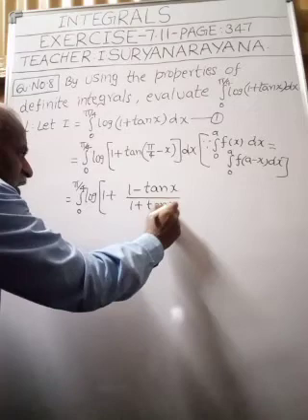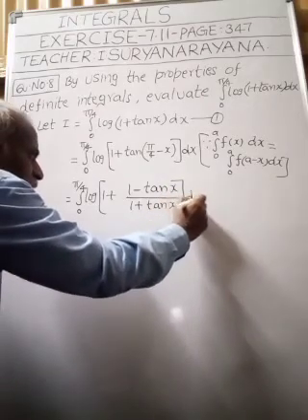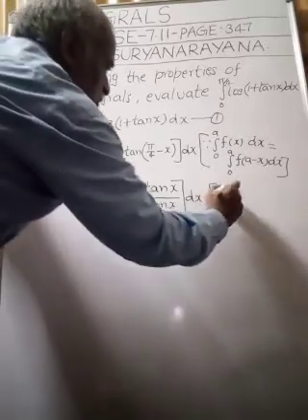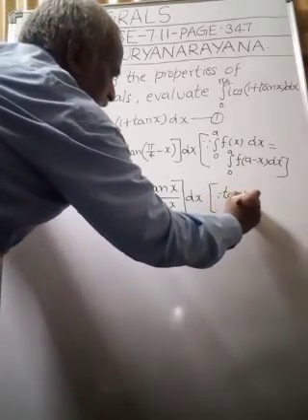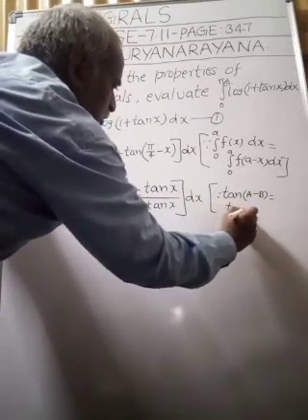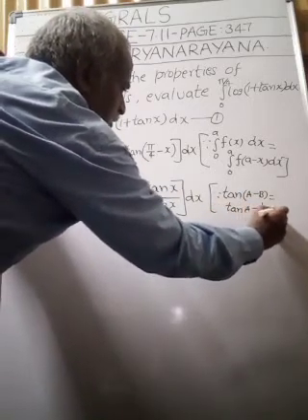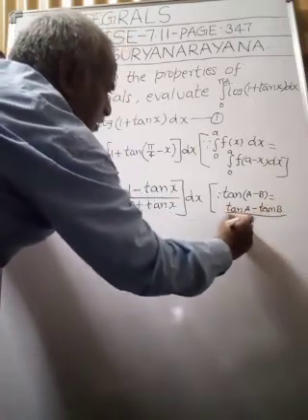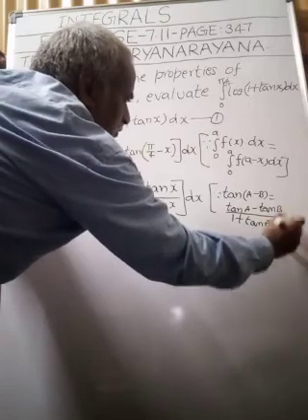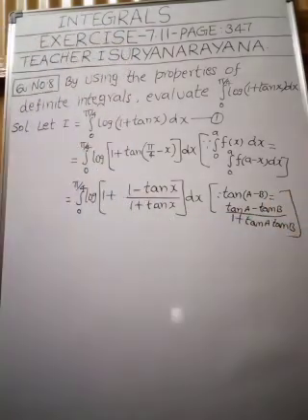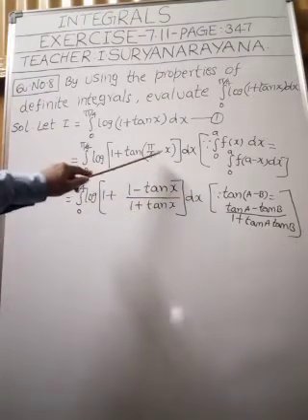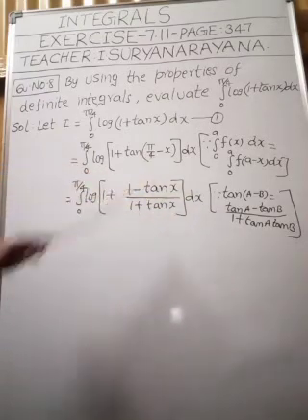Okay, my children, I wrote directly here dx because tan a minus b is equal to tan a minus tan b by 1 plus tan a tan b. By using this trigonometric identity, we wrote this step. Tan pi by 4 is 1. Okay, my children, understood this step?